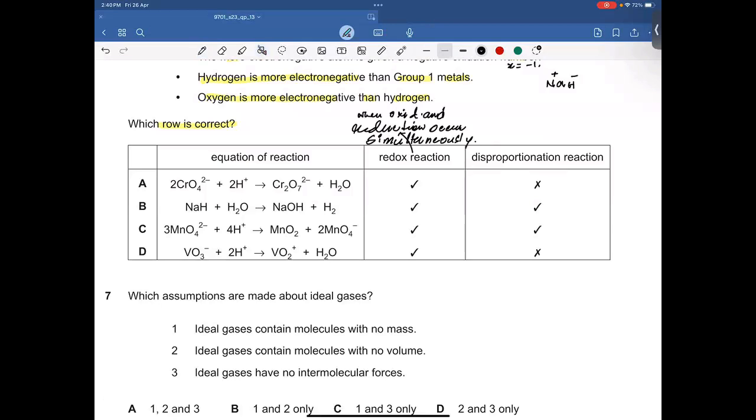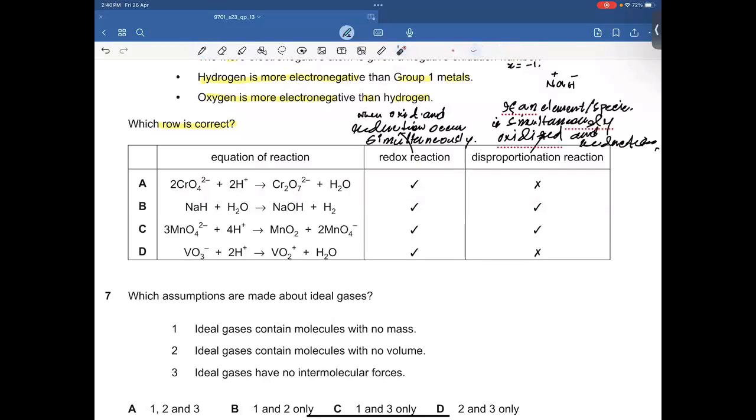And how about a disproportionation reaction? If an element or species is simultaneously oxidized and reduced. A single species is simultaneously oxidized and reduced.